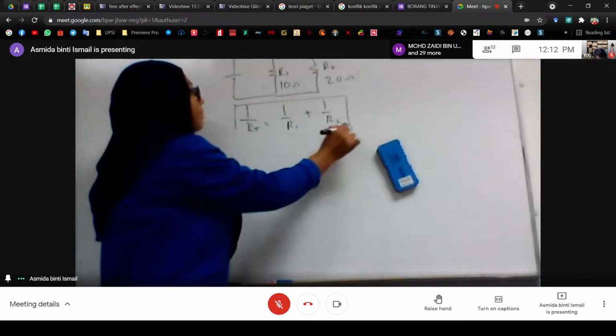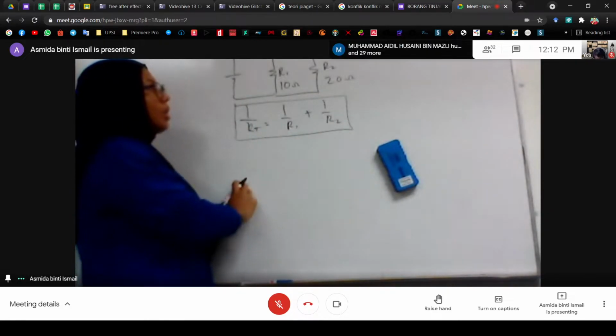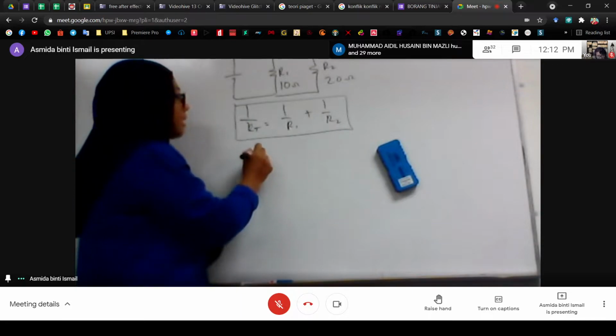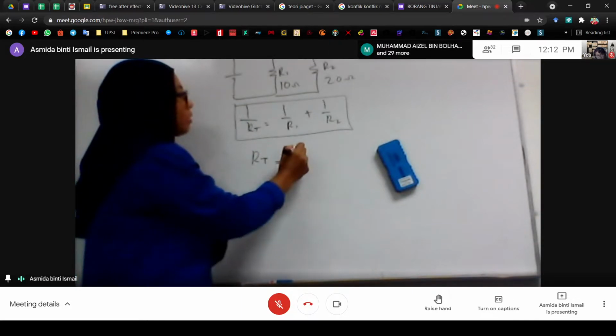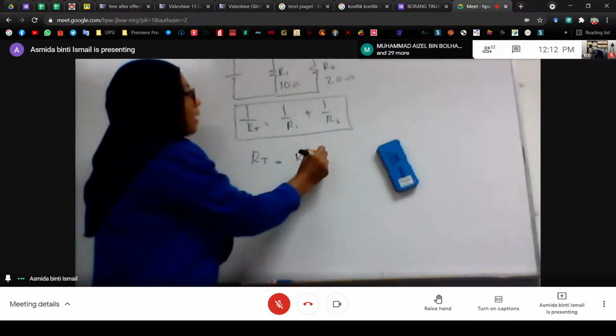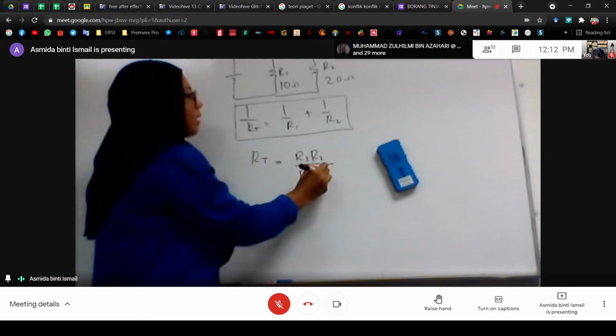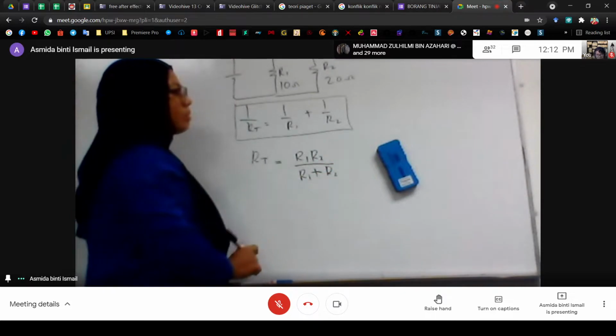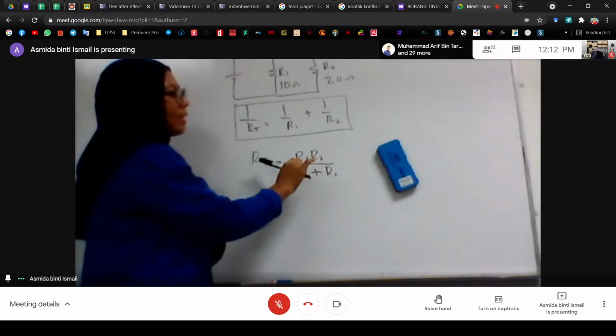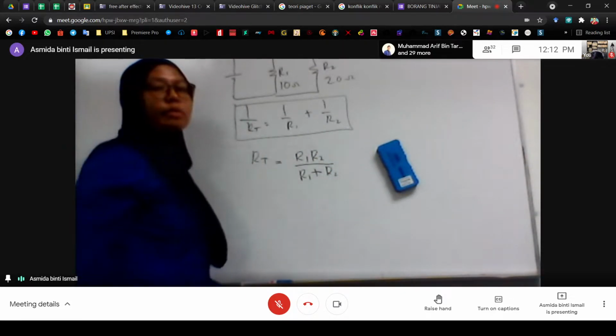But you also can use this: RT is equal to R1 R2 over R1 plus R2. R1 R2 means R1 multiplied by R2.